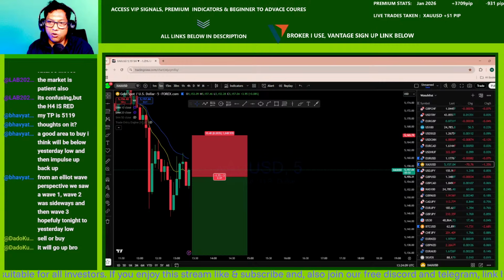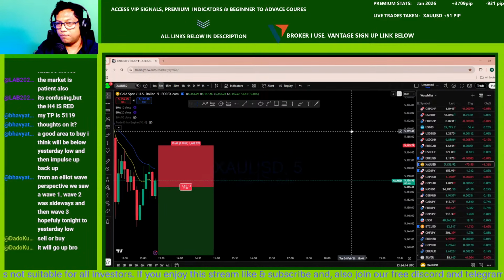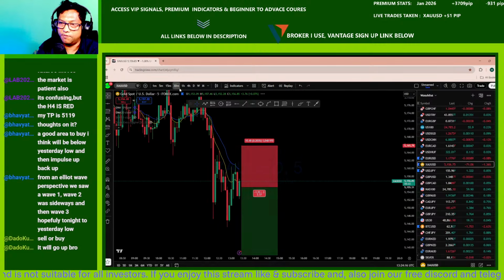It will go up. Okay, if it goes up, we might see an inverted head and shoulder, it may go up. The market will fluctuate, but it's a managed trade.